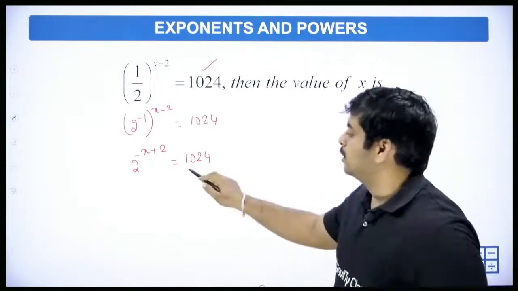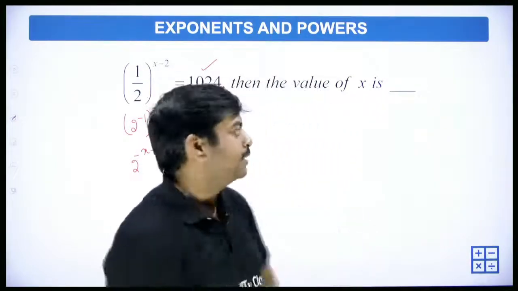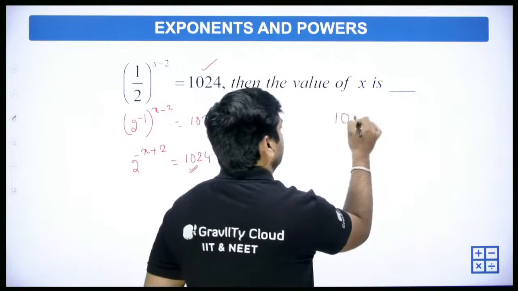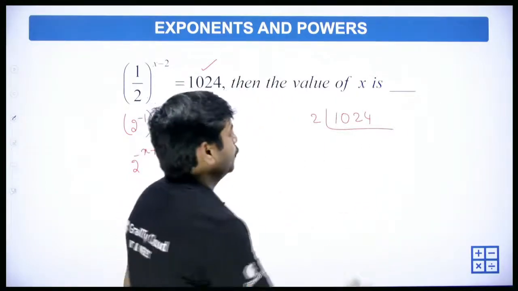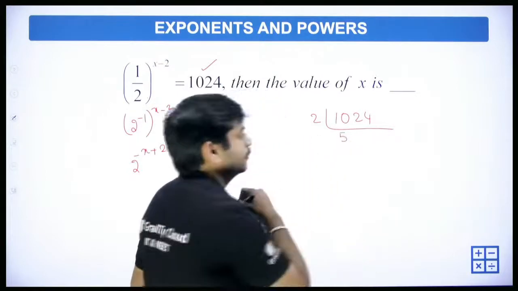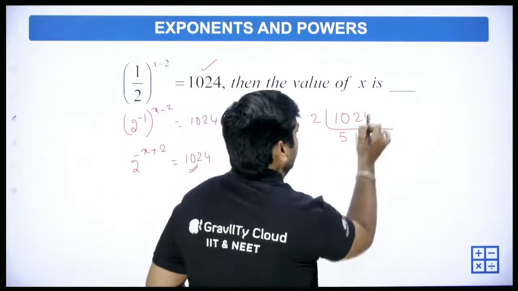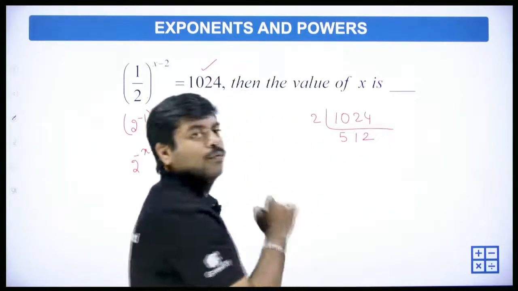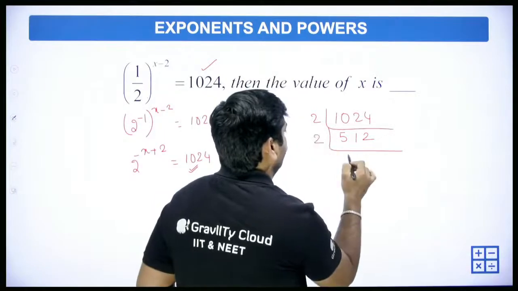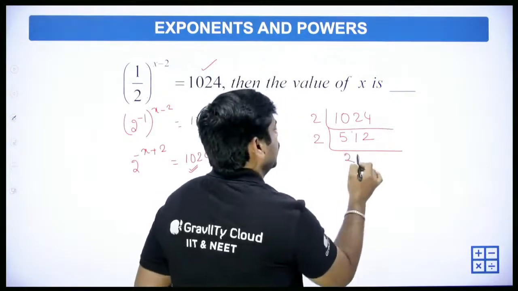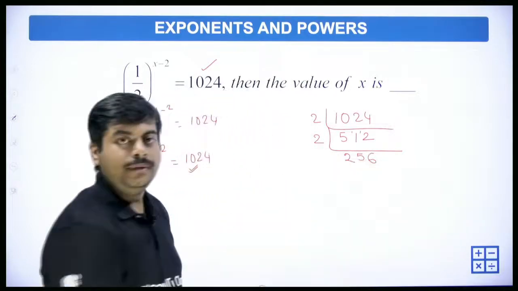Now, let's try to discuss this 1024. 2 fives are 10, so 2 ones are 12 and 2 twos are 4, so 512. Next, 2 twos are 4, 2 fives are 10, 2 sixes are 12, so 256.